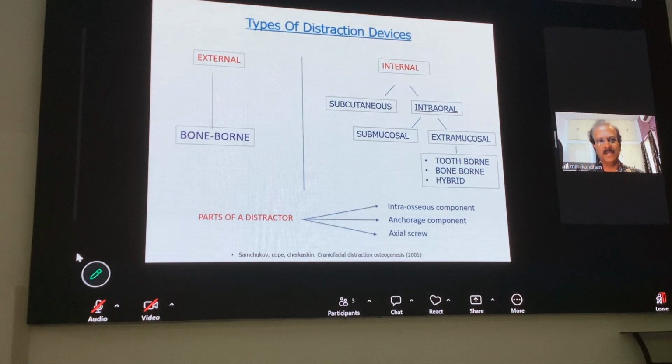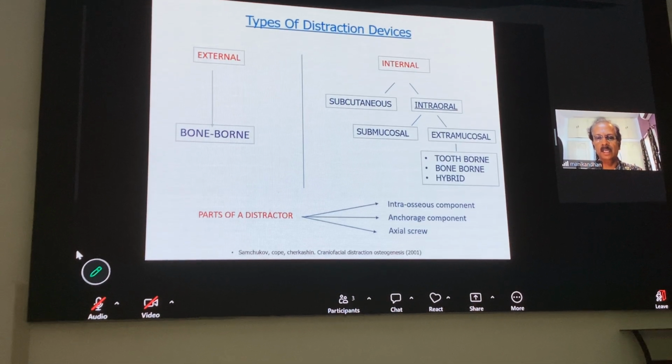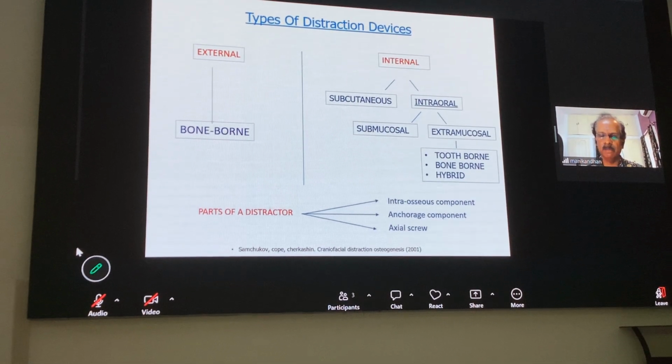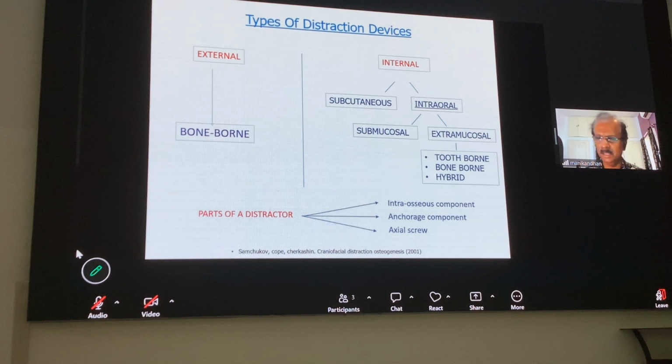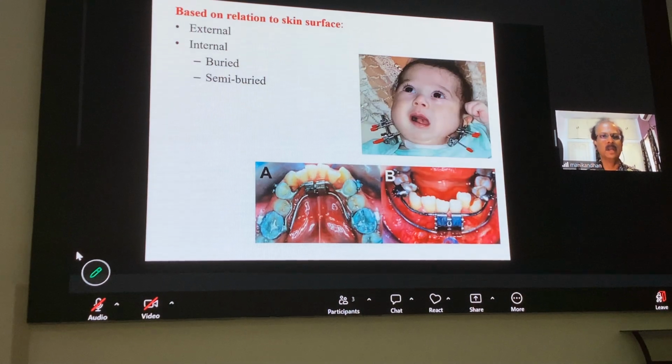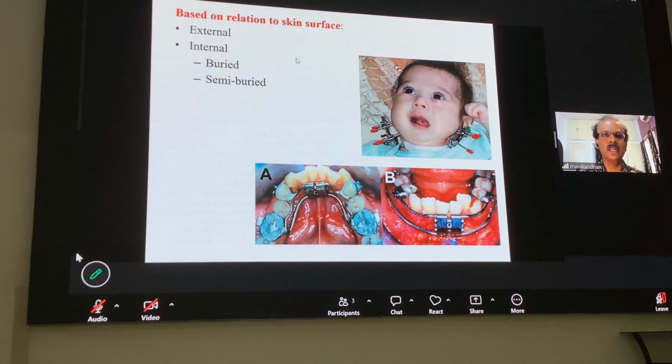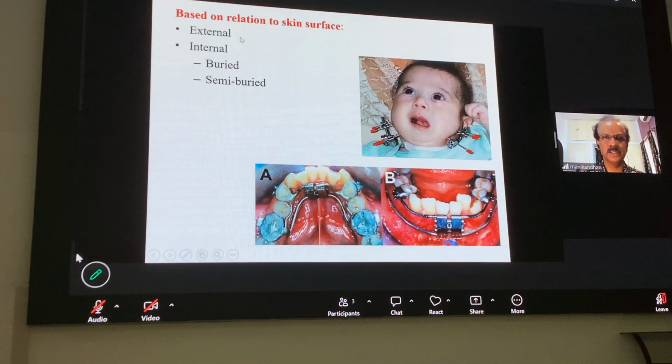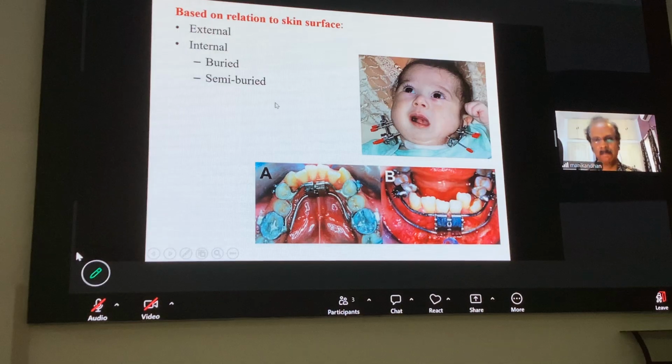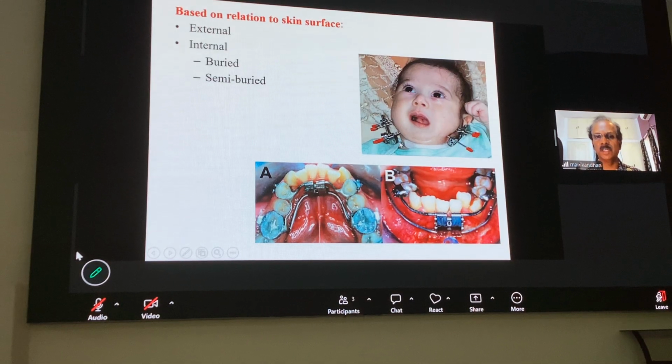So you have so many distractors: external, internal, subcutaneous, intraoral, submucosal, extramucosal. All these are in the textbook you can go to. Now, based on relation to skeleton, there's an external distractor, internal, some of them are buried, some of them are semi-buried. What you see in the first picture is an external distractor.